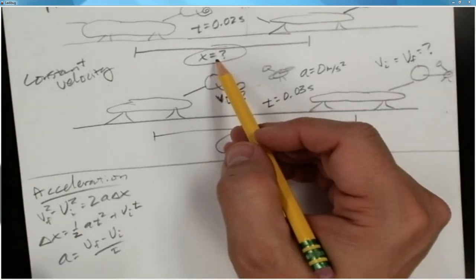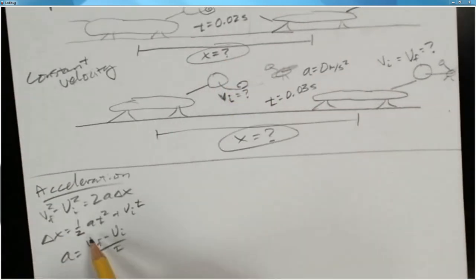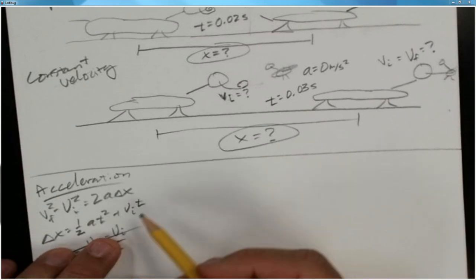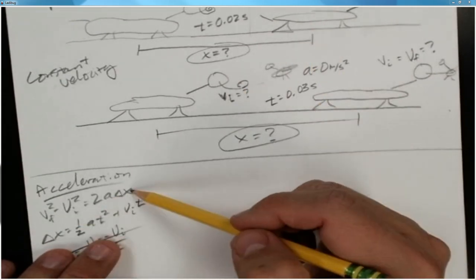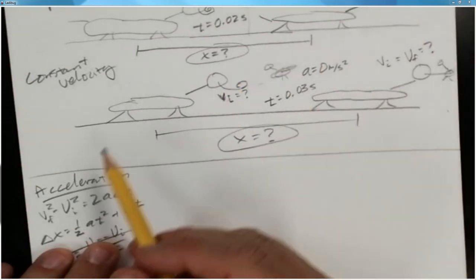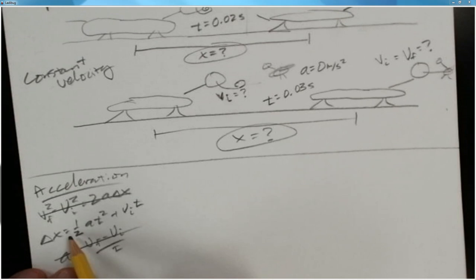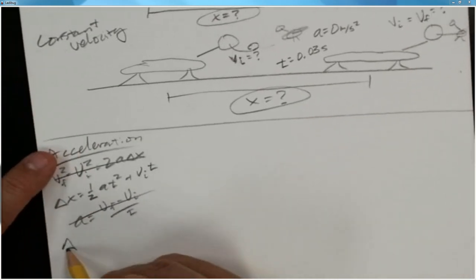I need to find the distance. Well, the distance is not in here. Well, the distance is in both of these. I don't know VF, and I also don't know distance, so this is not appropriate. So we're going to rely on this one.